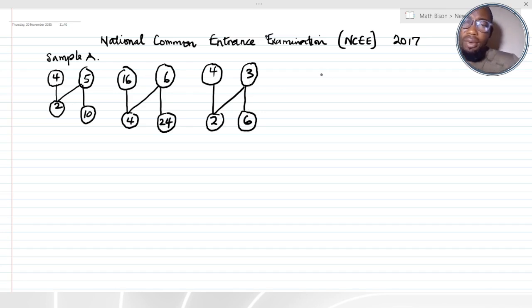All right, what are the best approaches we can use here? Generally, you don't want to see a quant question and the first thing you do is start overthinking. Overthinking kills most scholars.